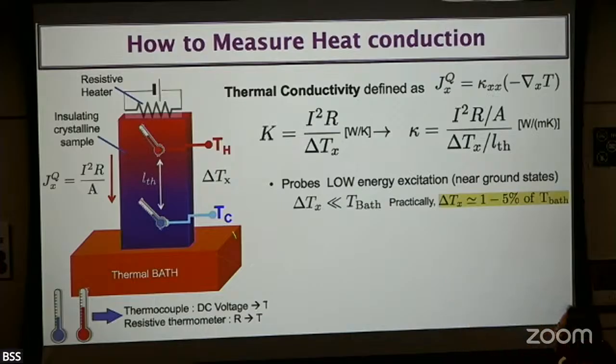Let's say your measurement is at 3 Kelvin, and 1% of 3 Kelvin is 30 millikelvin. I'm supposed to maintain a 30 millikelvin gradient, but oh my God, it was so hard to measure. So my student cranks up the heater current a little bit, then the whole thing, even my helium bath and everything, the temperature goes up. And at that point, you're not measuring thermal conductivity at 30 millikelvin. You're actually measuring thermal conductivity moving from 10 Kelvin to 12 Kelvin, around that.